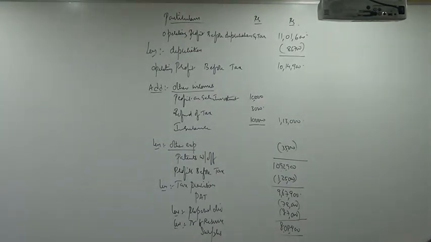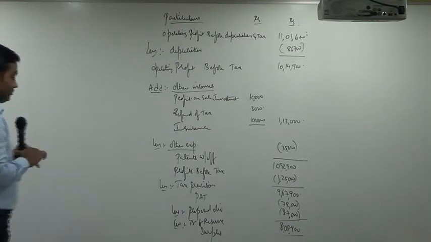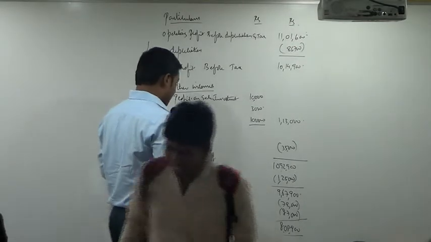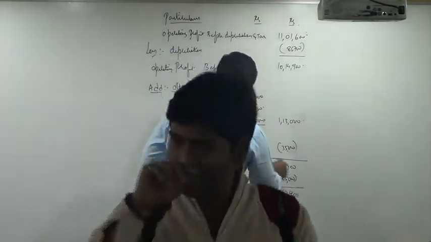So now come back to the place we have left for writing the solution. Write down the heading cash flow from operating activities. Profits before tax. This is our starting point now.